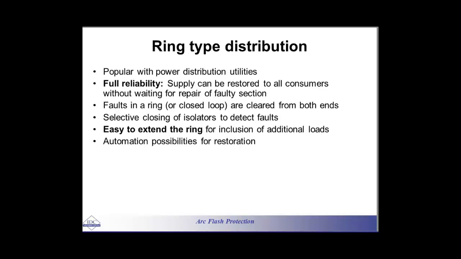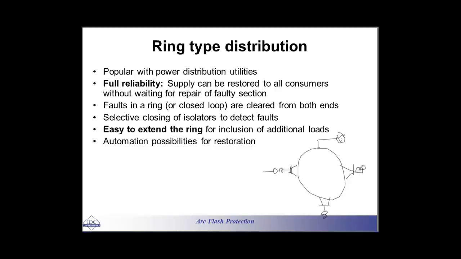So we can consider something like a loop, like a circle, and connected to that you have got a number of different bus bars connected in between, like this and this and this and this. For example, this is the supply point, and you have got a number of distribution transformers connected to each of these, with their own circuit breakers.